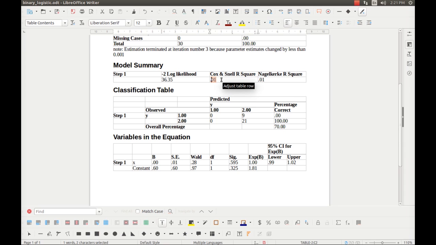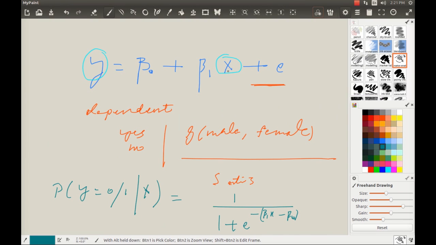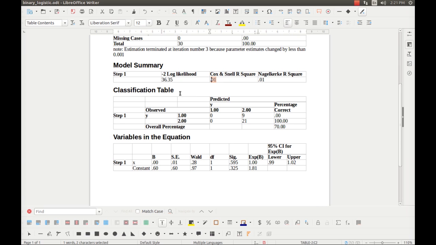For instance, a value of 0.9 simply means that 90% of the variance in Y is explained by X, whereby we can conclude that this model is pretty much useful for prediction.